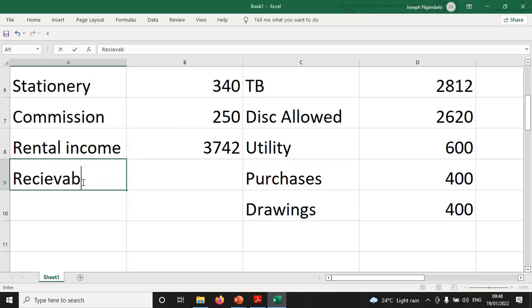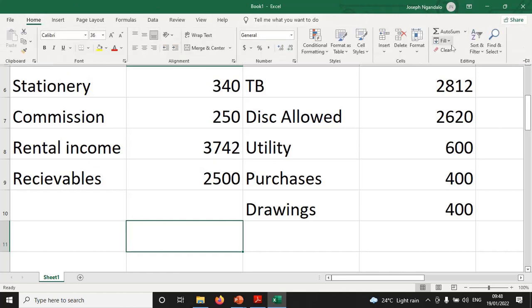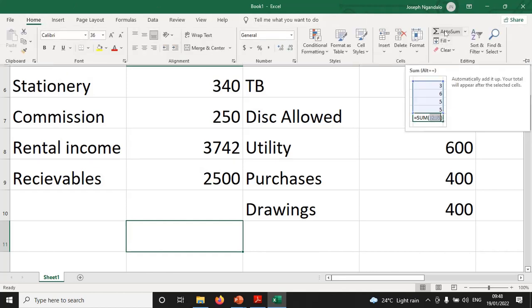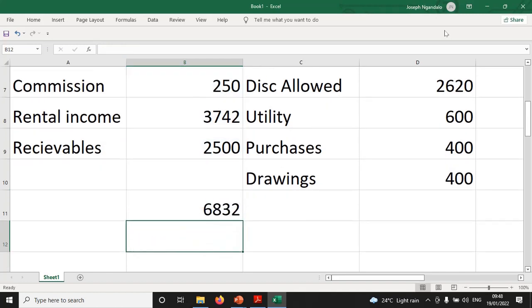Now we have to check. If we fail to balance, don't say the lecture has failed. We are doing this together, isn't it? We just have to close, and next time we shall do more. We are not here for anything other than principle. I'm finding 6832.